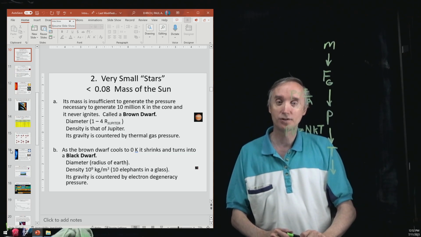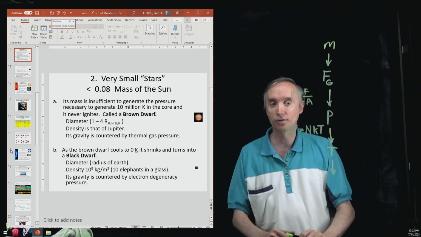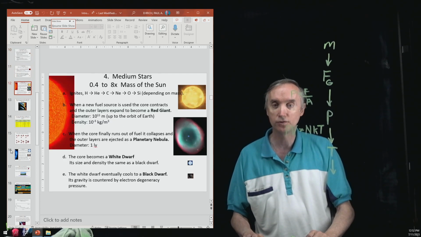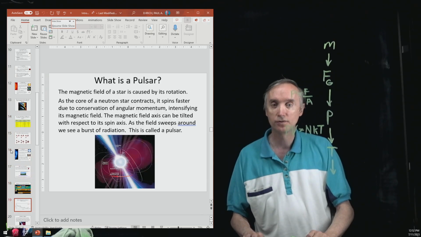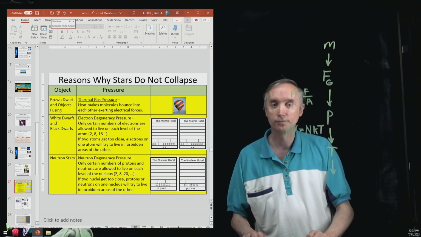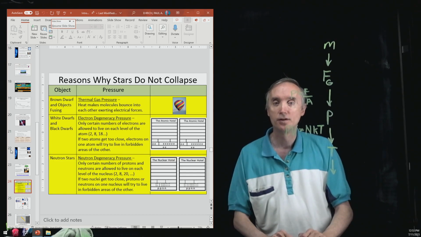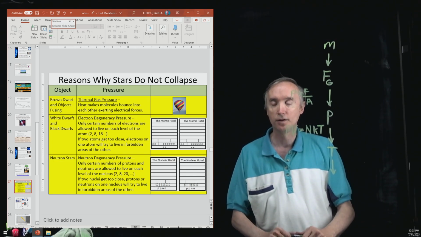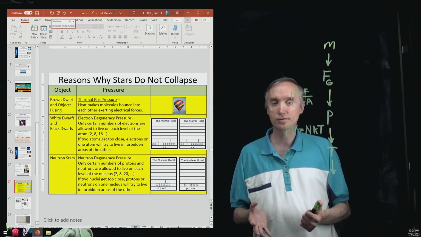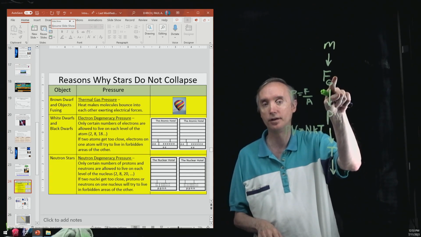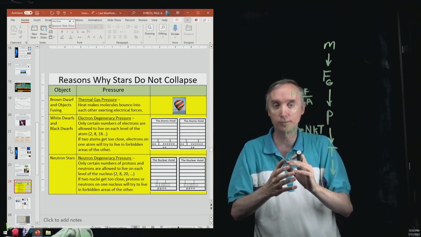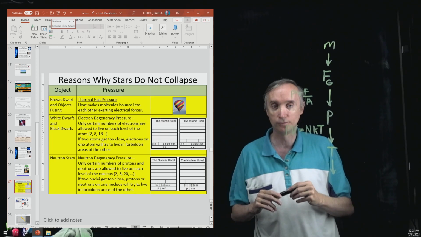Okay, so now we need to talk about what we mean by thermal gas pressure. So let's go into our notes to another thing here. This one here: reasons why stars do not collapse. Anything that has mass is going to have gravity. Gravity always wants to crush the object and turn it into a black hole.